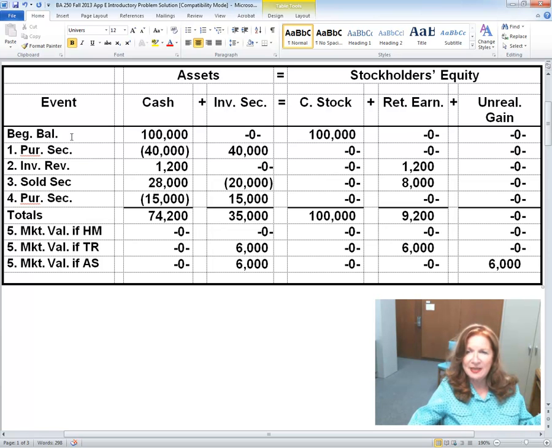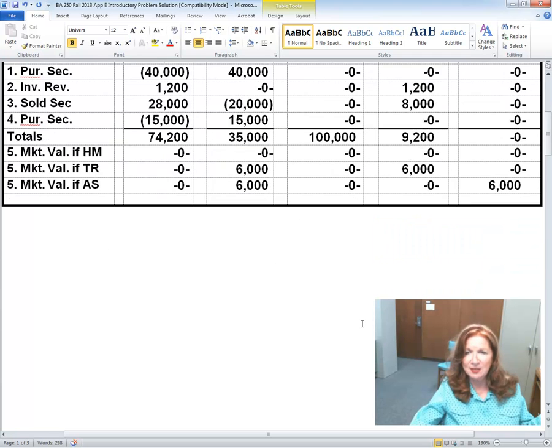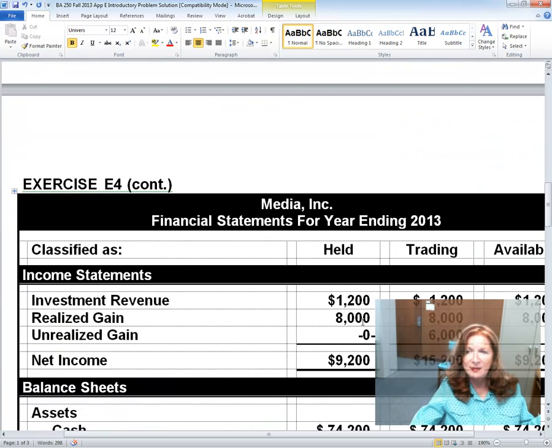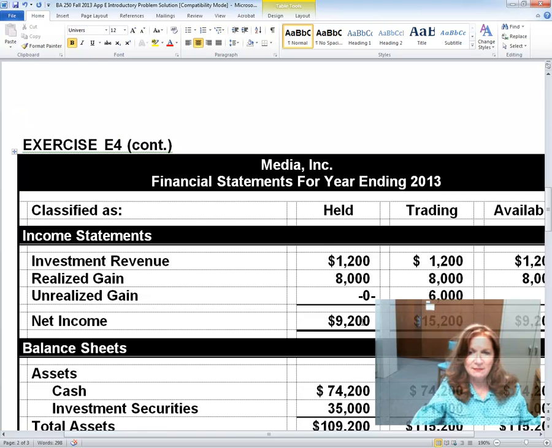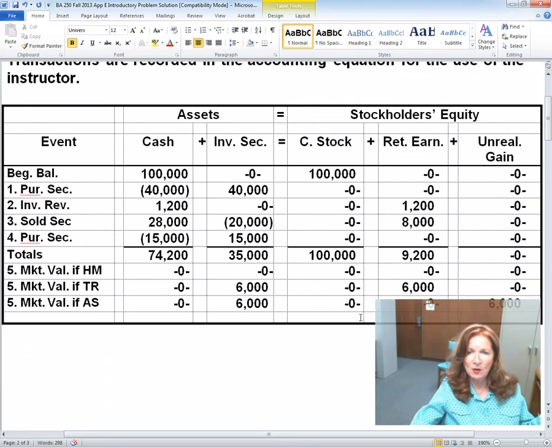They start with the beginning balance, and instead of writing journal entries and then posting them to T accounts to get the account balances, we're simply entering the transactions into this Excel spreadsheet, and then we will determine the balances of these accounts, and then we will use that to make up financial statements. So the financial statements then will look like this, just like they did before.